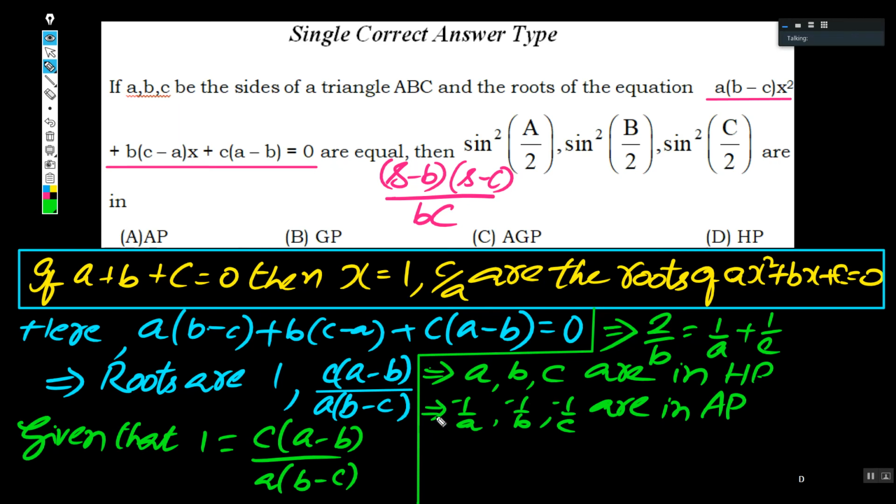That will remain in AP only: s minus a by a, s minus b by b, s minus c by c, or in AP. Now you multiply with... you'll get it now.